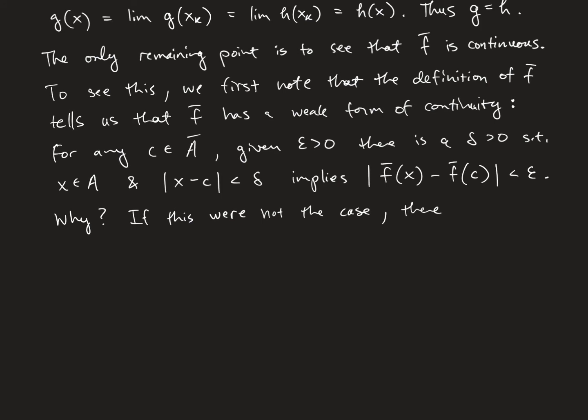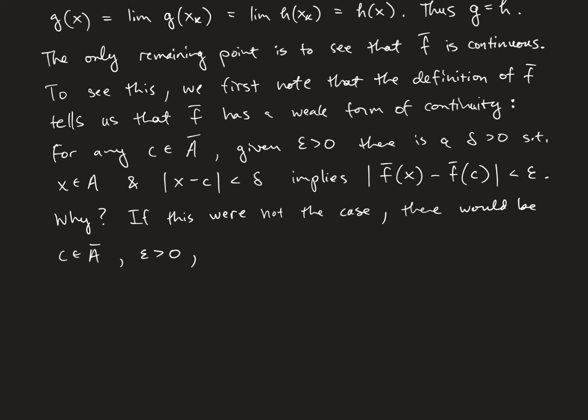So if this were not the case, there would be a C in A bar and epsilon greater than 0, and for any delta, you would have a violation of this.